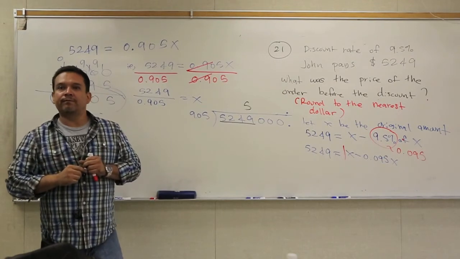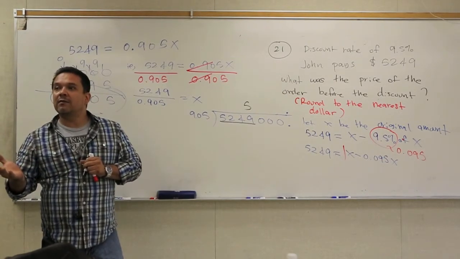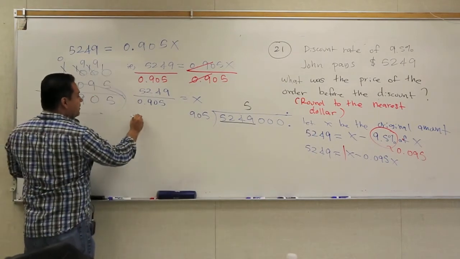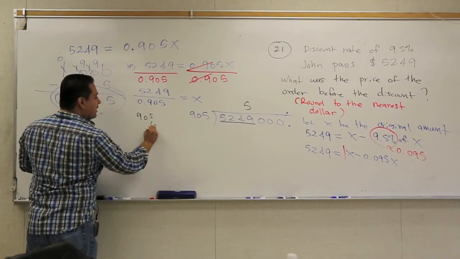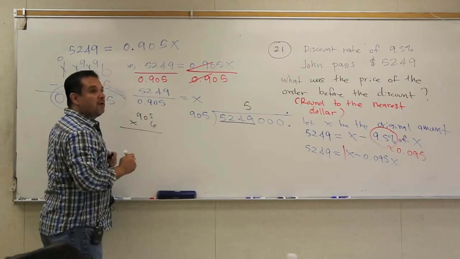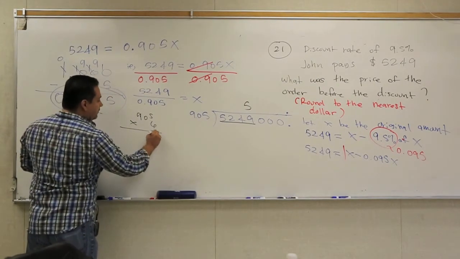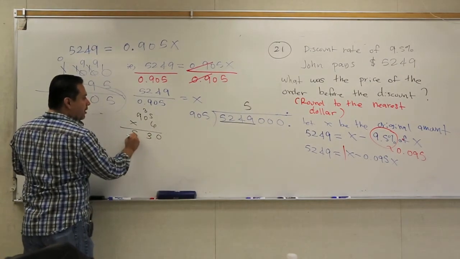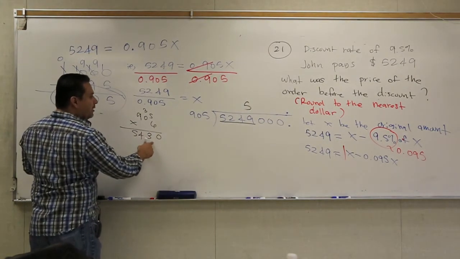Question? No? You could try 6. What happens if you tried 6? Maybe you say you got 905 and you're going to try 6. 6 times 5 is 30. That's a 3. What's 6 times 9? 54? 5,430?